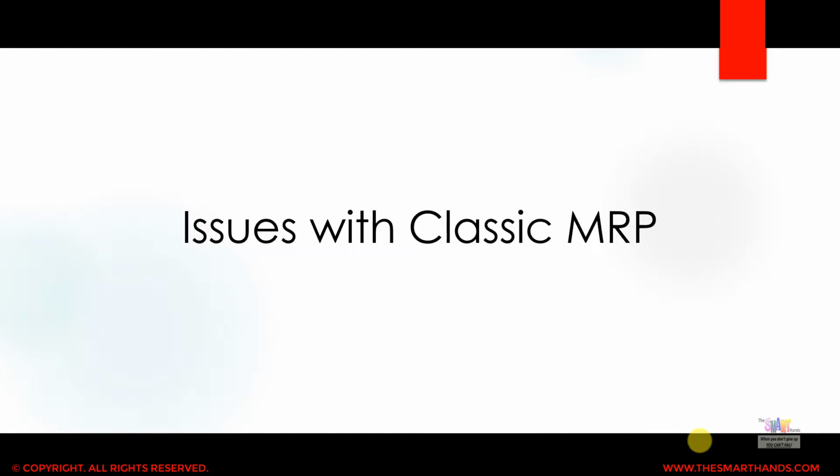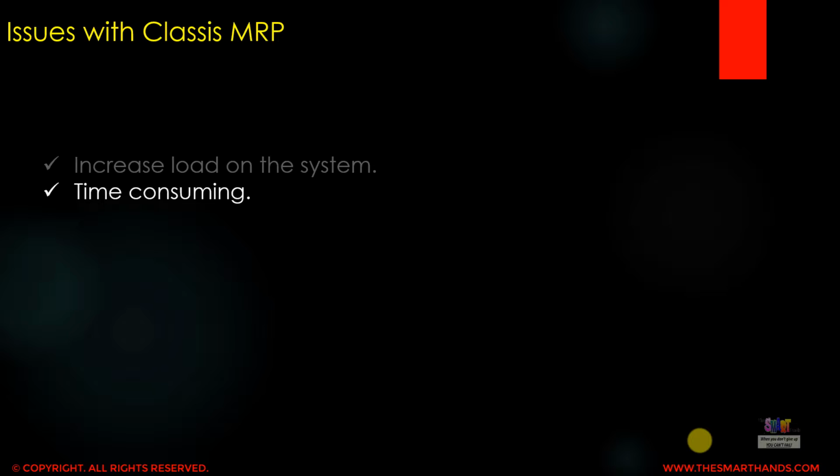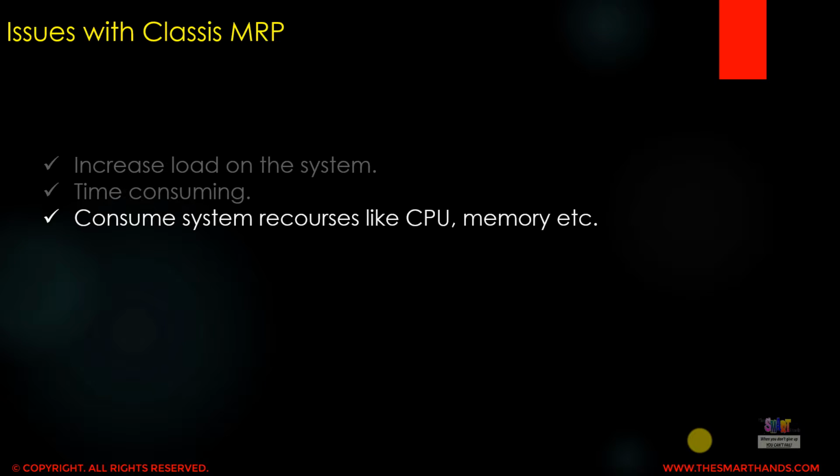Now we'll discuss what were the issues we had with classic MRP. The first one is the increased load on the system, because it's consuming a lot of resources. It's time consuming as well, taking long hours to complete. It consumes system resources, for example CPU or memory.